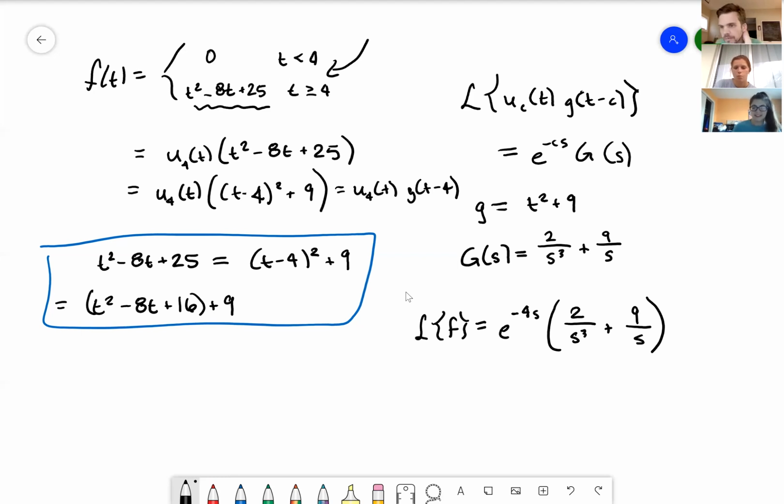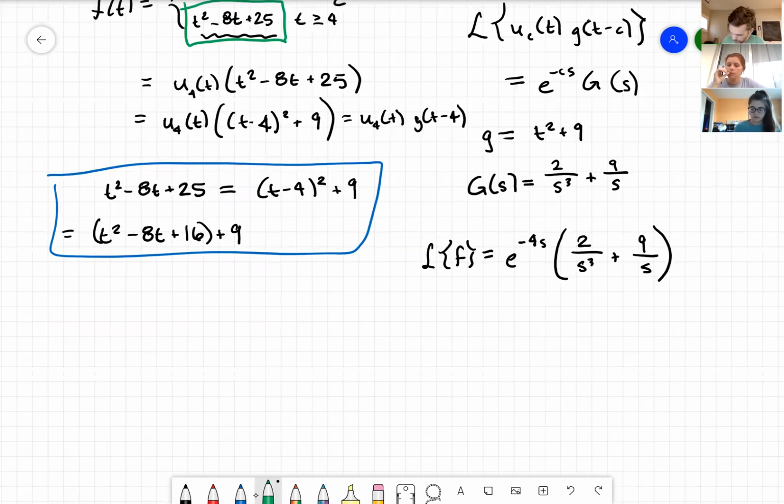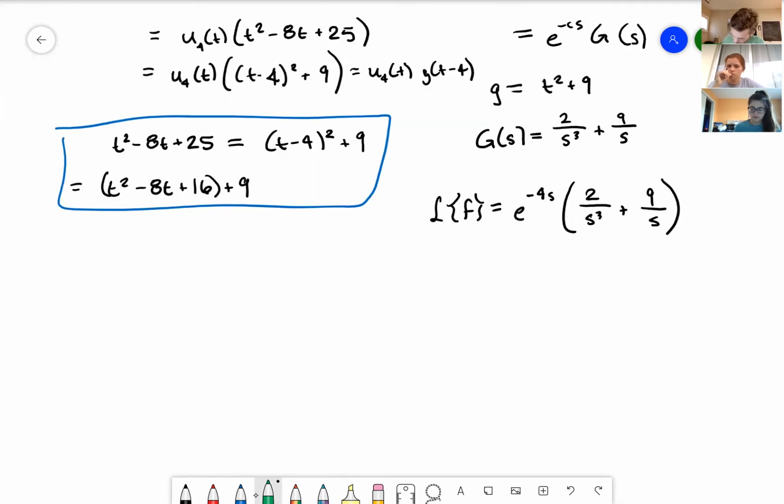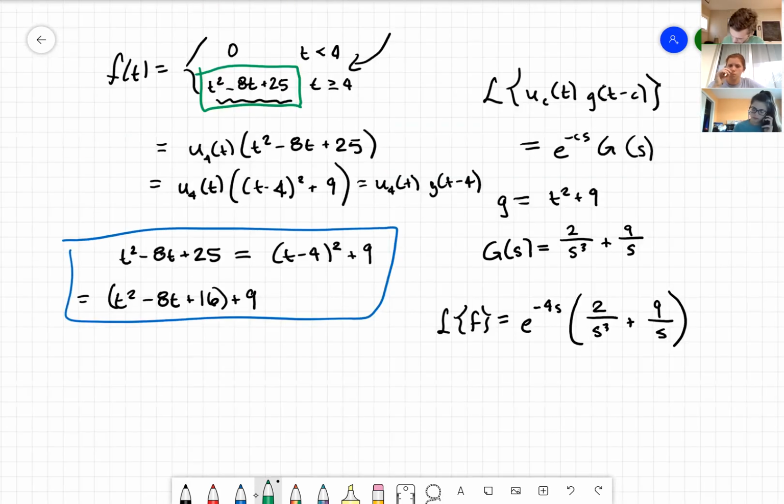I'm sorry, go ahead. Why is g t squared plus 9? So when I do this Laplace transform, I know that it's going to be something shifted forward by 4. So what I want is that, let me try to draw a picture of this.